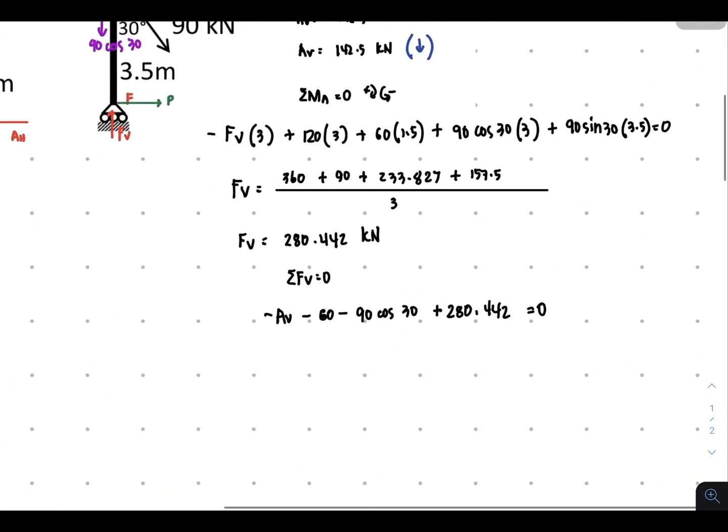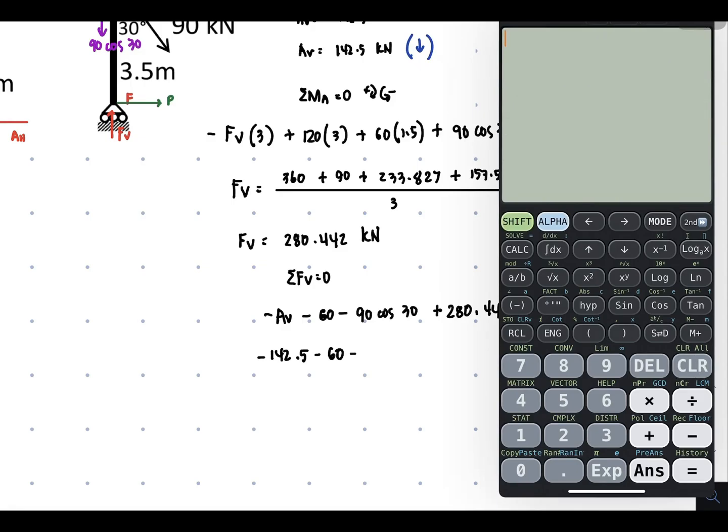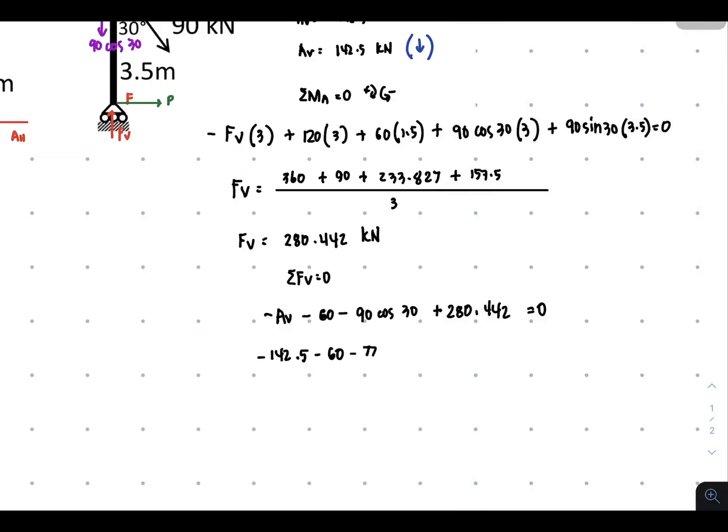So this is 142.5 minus 60 minus 90 cosine of 30, which is 77.942, plus 280.442 equal to 0.